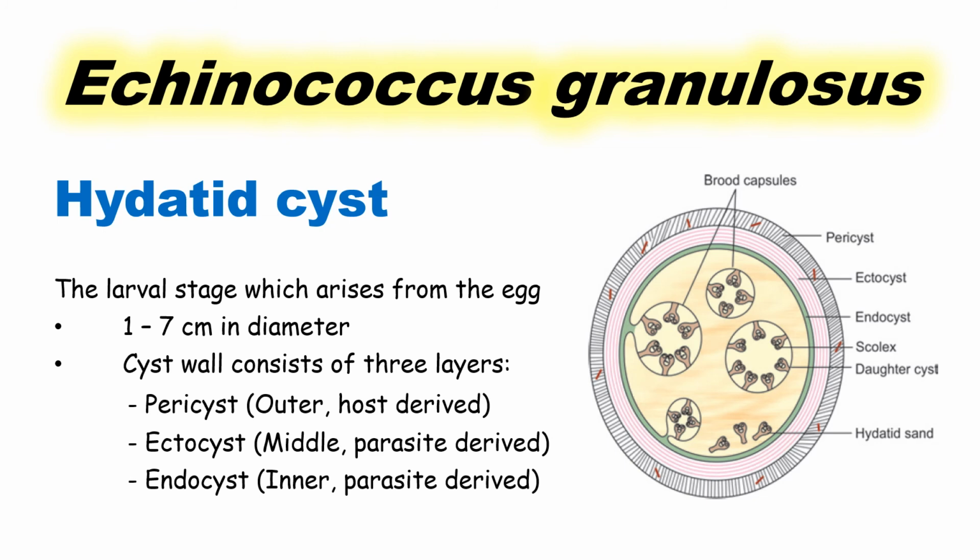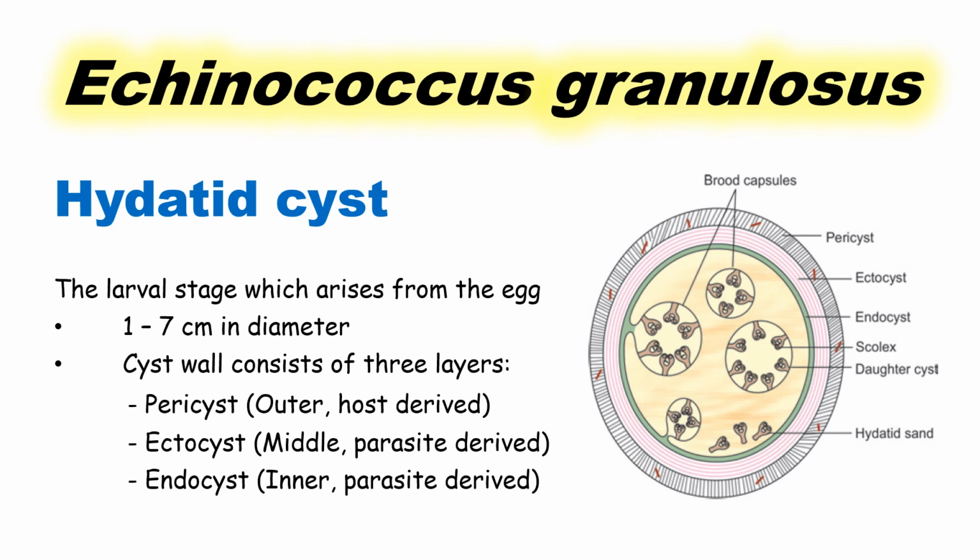Then the ectocyst, the middle layer, is parasite-derived. It is a tough, elastic, glycan-rich, acellular hyaline layer of variable thickness. It resembles the white of a hard-boiled egg. That is its characteristic.